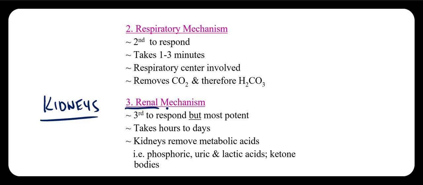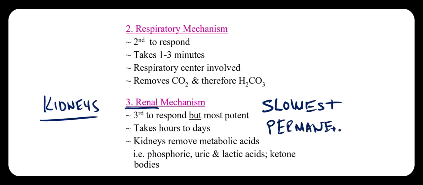So it takes some time to get the extra acid incorporated into the urine. So it's the slowest, on the order of hours, days, whatever. But if I can get that extra acid in the urine, obviously I'm going to get rid of the urine. It's gone. There's no turning back on that. It's going to be the most permanent.